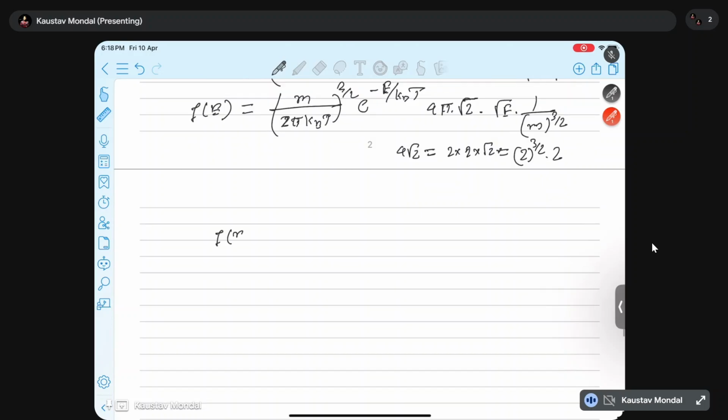So in that case, F(E) will become only one 2 will survive: 2 into 1 by pi kBT to the power 3 by 2, e to the power minus E by kBT, into root E dE, right?